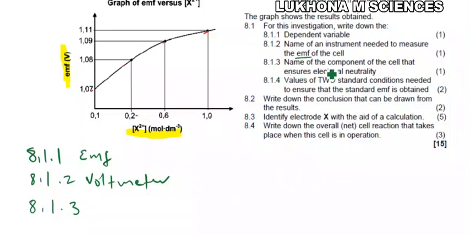Name the component of the cell that ensures electrical neutrality. This is the function of the salt bridge, to ensure the electrical neutrality. Salt bridge. It ensures the electrical neutrality.